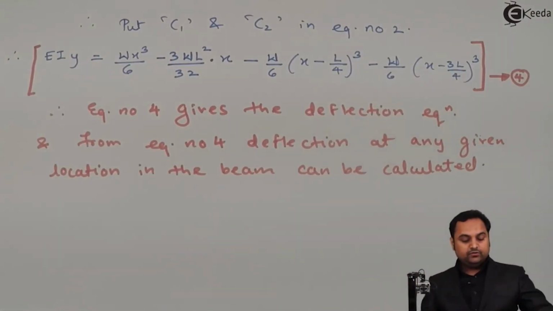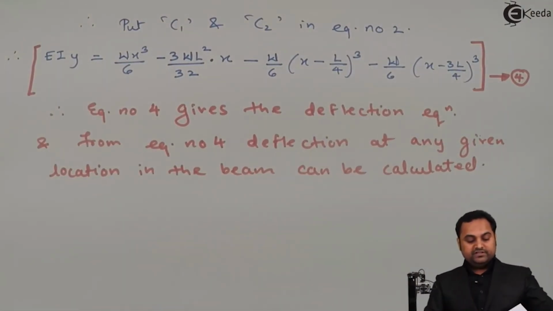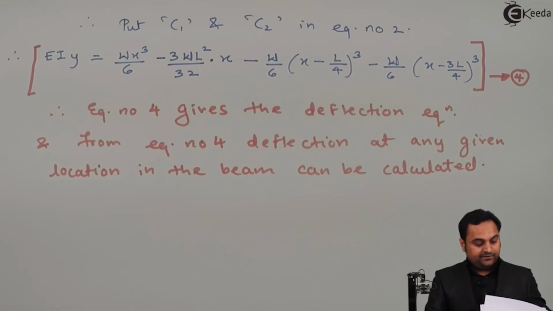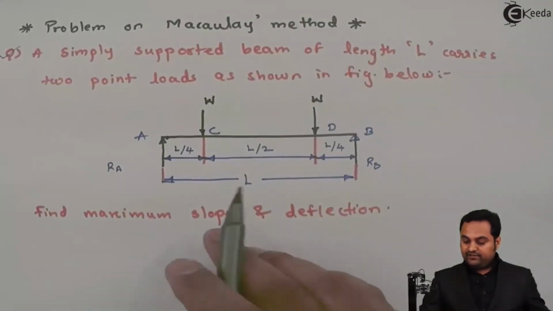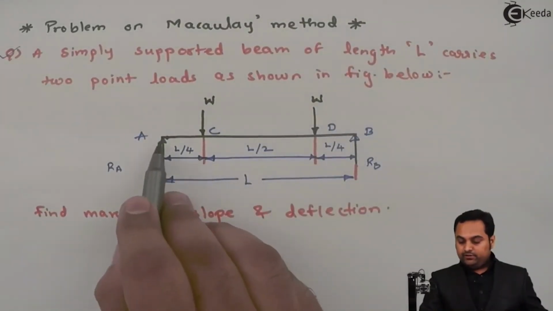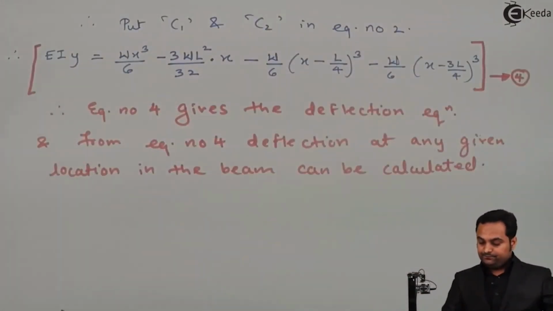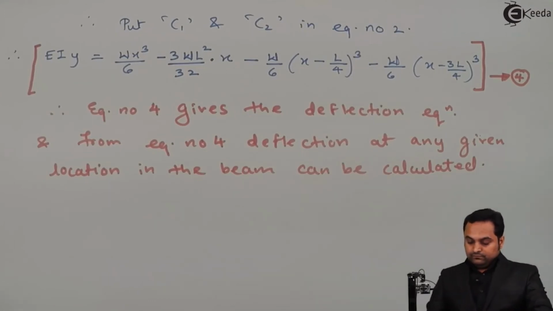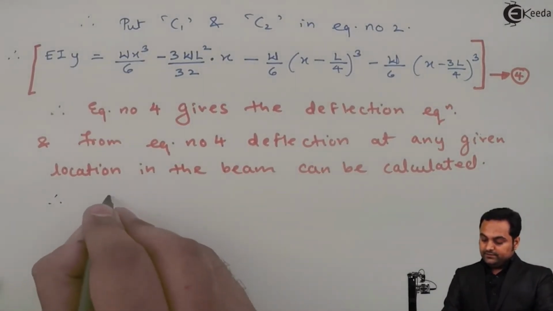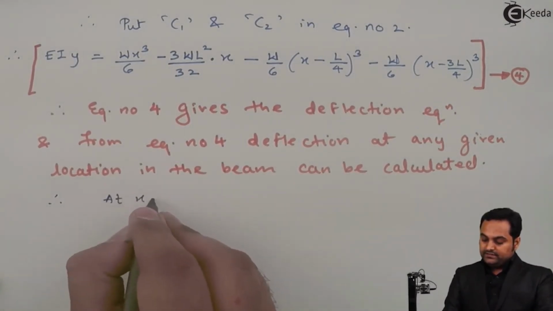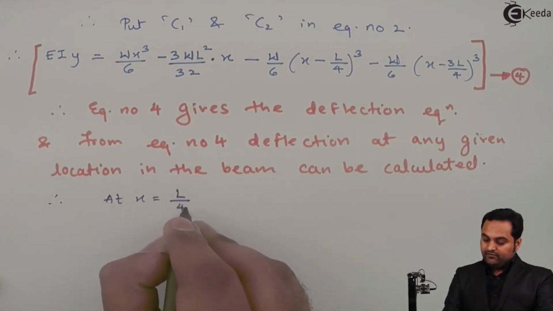Now first, I'll calculate the deflection where the load is acting, that is at L by 4 distance, which was clear from the diagram given. So first, I'll find the deflection at L by 4 because at A and B the deflections are 0. So therefore, at X is equal to L by 4 distance.